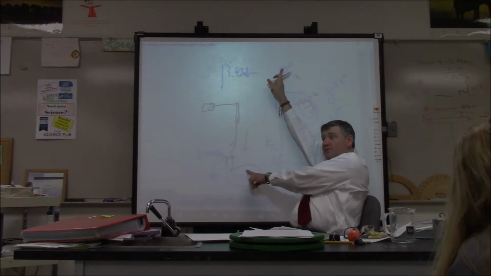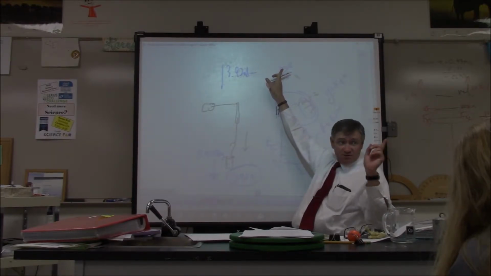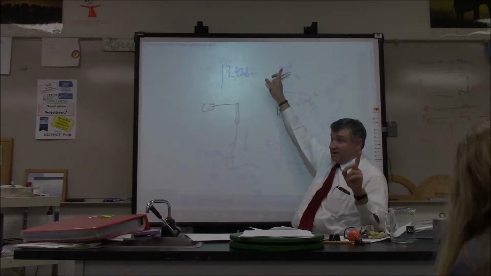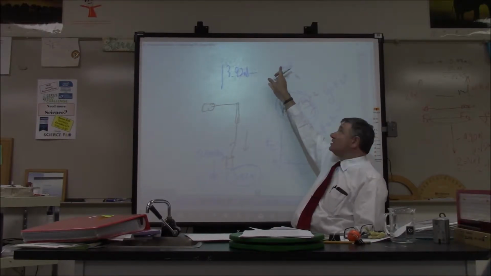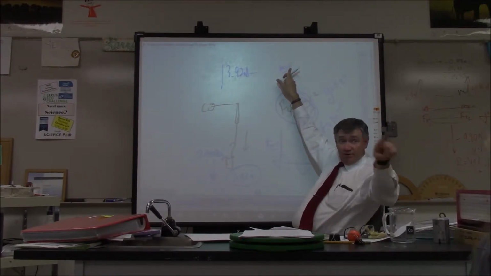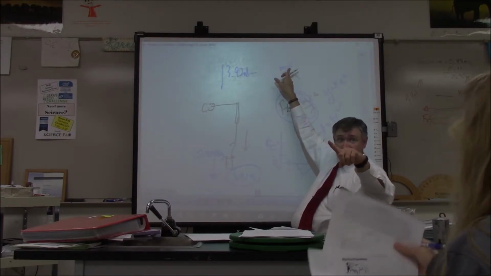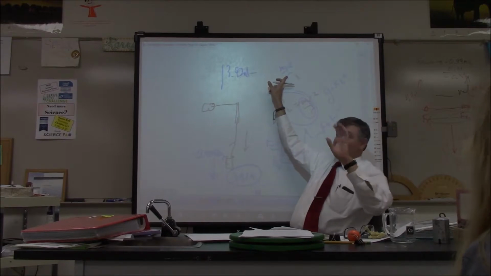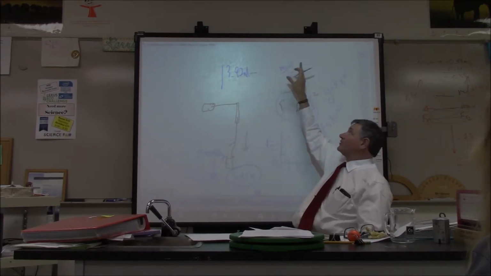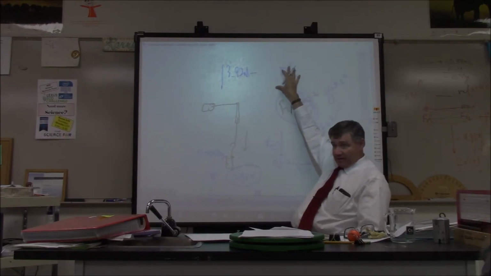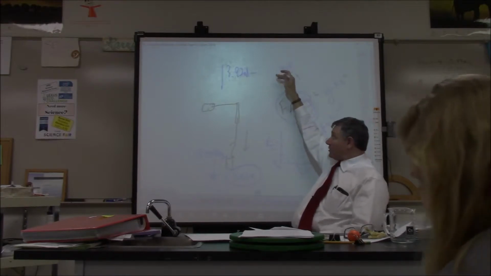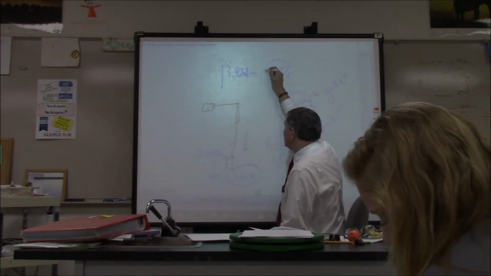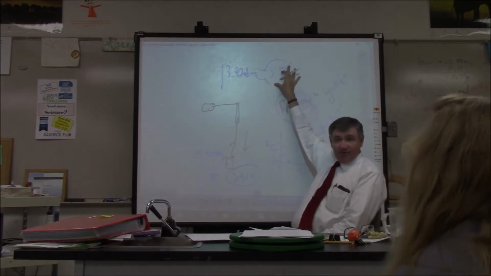Don't use the 0.4 kilograms, because the 0.4 kilograms wasn't what was being swung around. It was the mass of the stopper. You're going to find the velocity of your stopper, and you know that radius, which is 0.7 meters. So you're actually going to calculate your centripetal force based upon your data. This is going to get you a number.